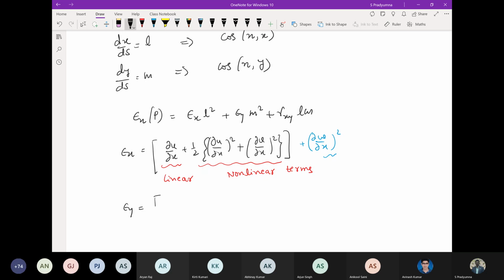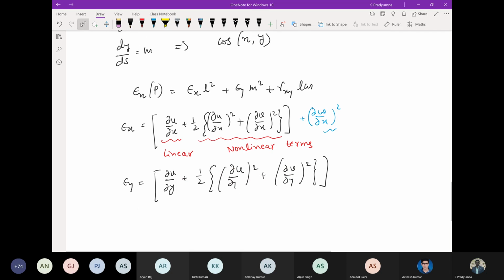Similarly, I have epsilon y, that is dou v by dou y plus half dou u by dou y square plus dou v by dou y square.